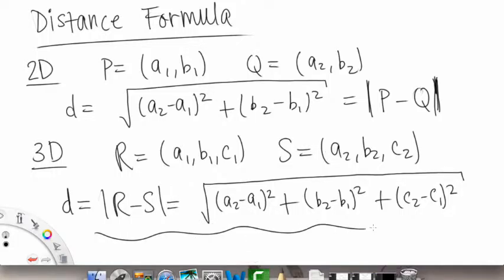We'll take this bottom one and expand it into the next topic. I'll rewrite that up here. We have D equals the distance between R and S in 3 dimensions.